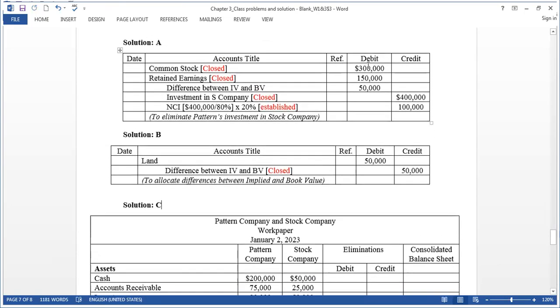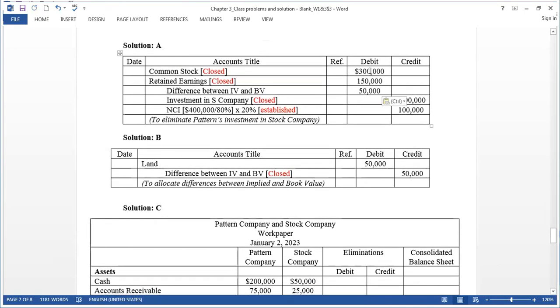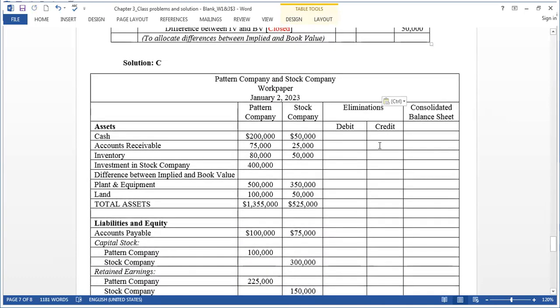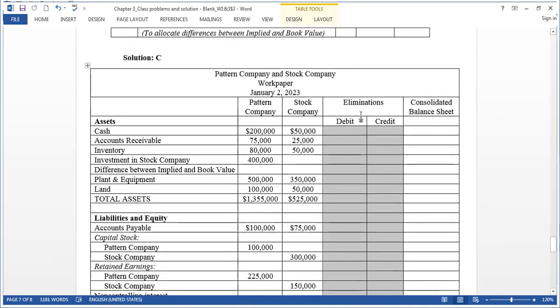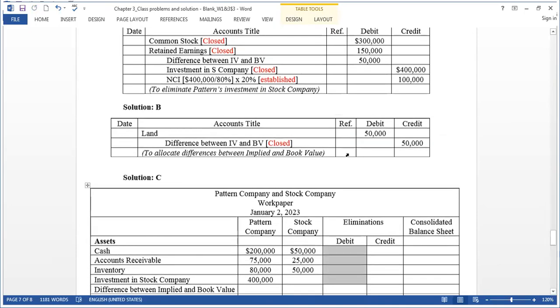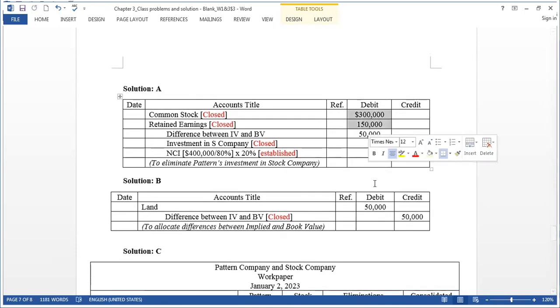Now, you can see we have four debits and three credits here, right? These items we are going to put under the debit and credit columns of the work paper. In this column, you should have these four items, and on the credit side, you should have these three items, and you have to look at the specific accounts.